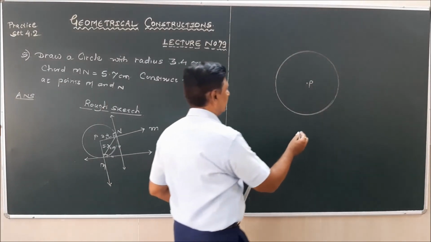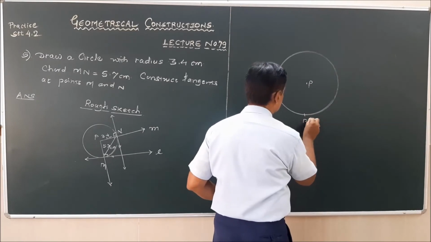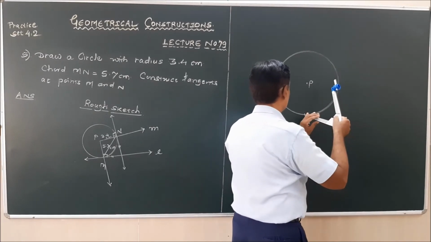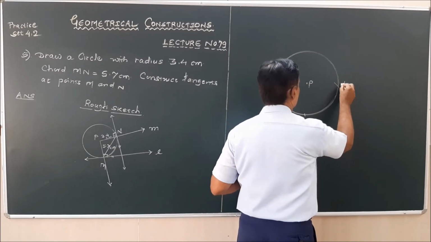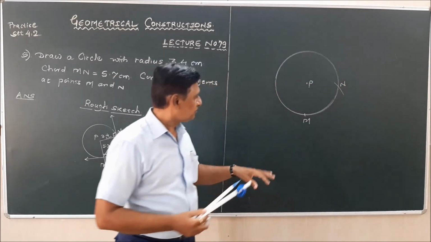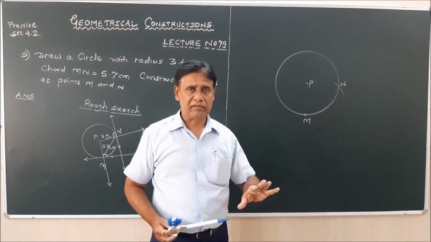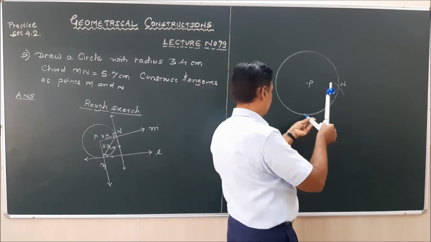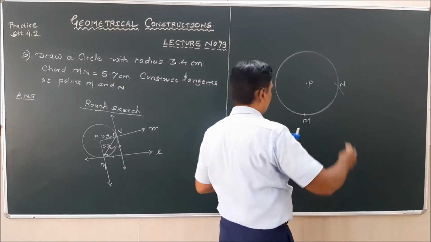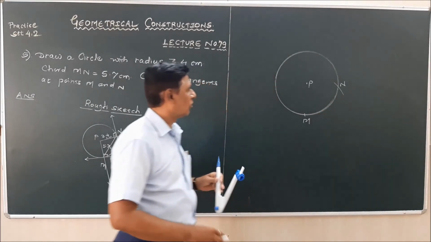If I plot point M here, I'll get point M. I repeat again. I take point M anywhere. This distance is how much? 5.7. Placing the point here. Join up. I'll be getting now this chord MN.